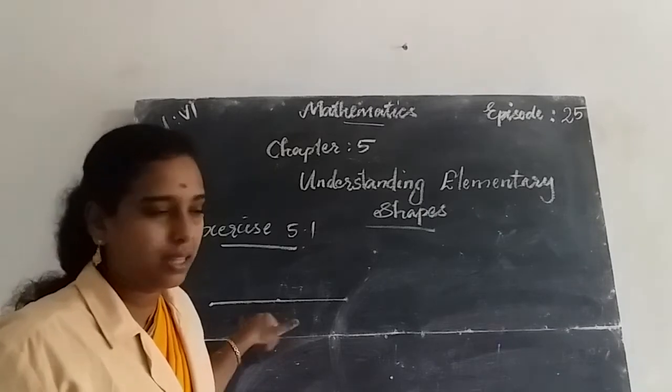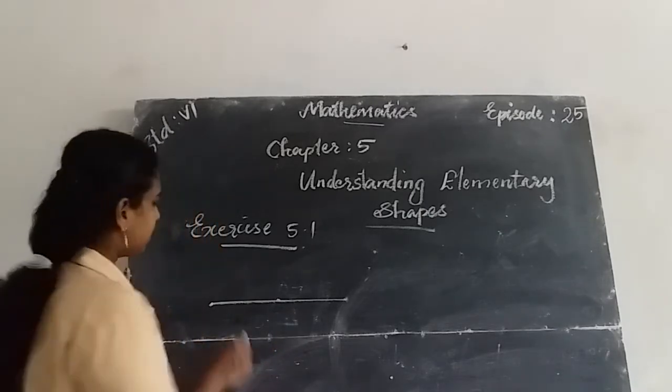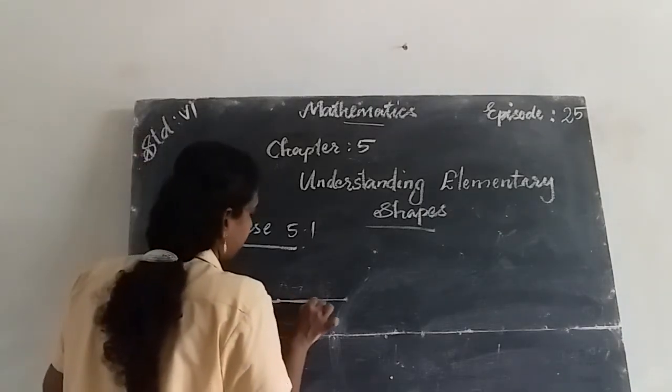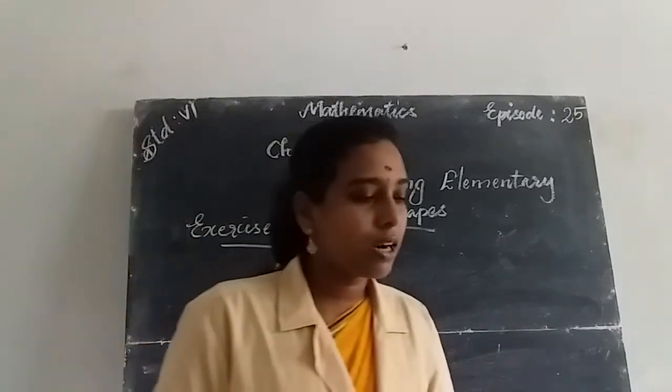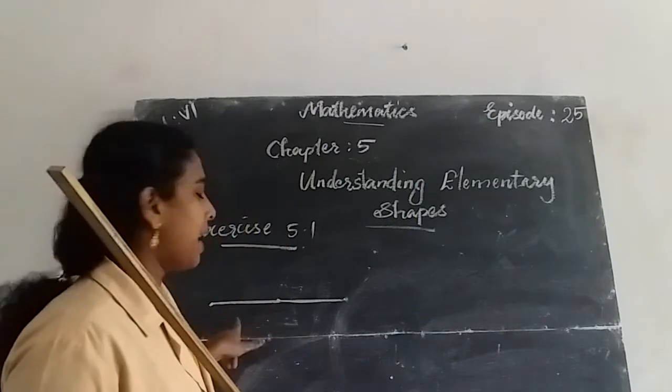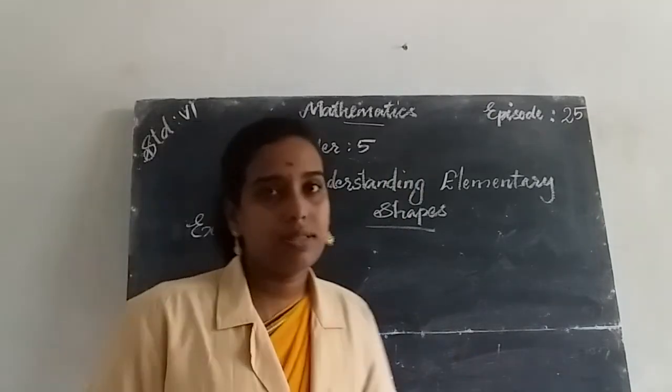So this is line segment AB. Then find the length. Here this line segment is 3.4 centimeters. I use this ruler to draw this line, and this shows 3.4 centimeters.